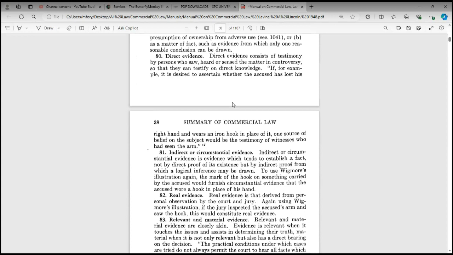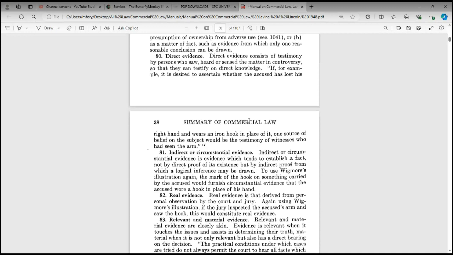If, for example, it is desired to ascertain whether the accused has lost his right hand and wears an iron hook in place of it, one source of belief on the subject would be the testimony of the witness who had seen the arm, or got his arm chopped off, or got the hook put into place or something, instead of making that person take off the hook right then and there.